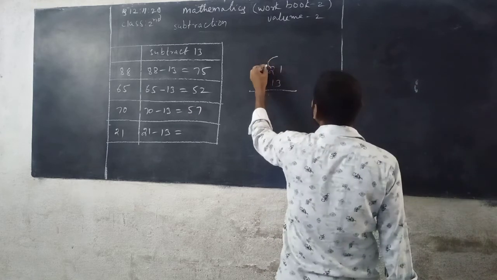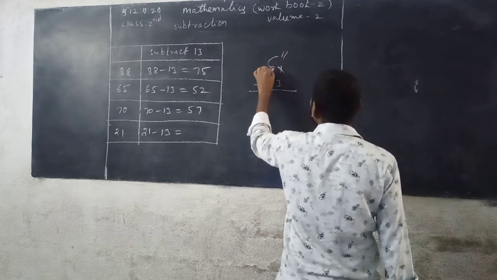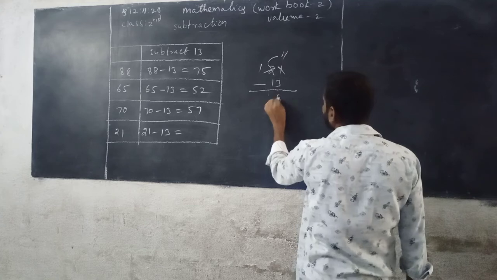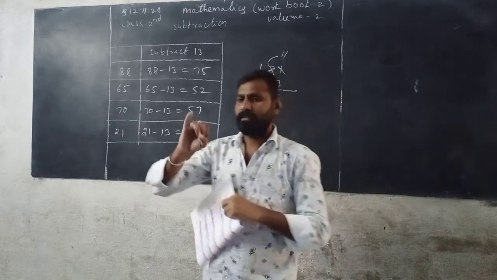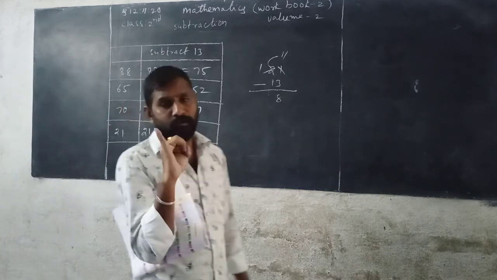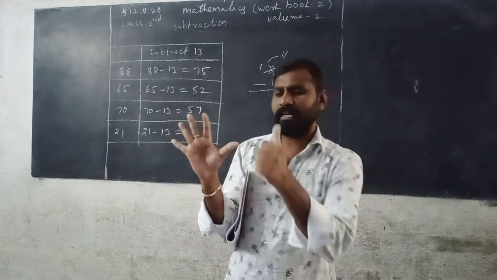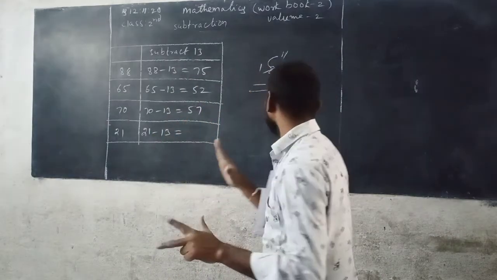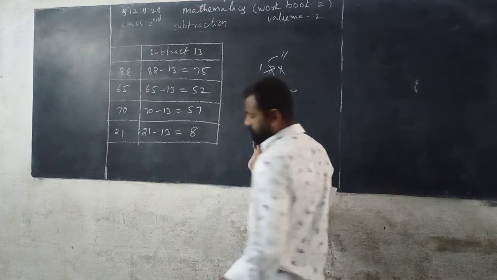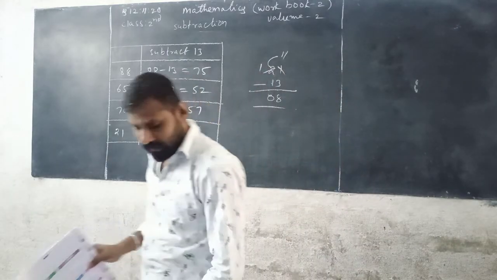Take borrowing from 2, it can give 10. 10 is added to 1, 11. 2 becomes 1. 11 minus 3, you can get 8. Count 3 after: 4, 5, 6, 7, 8, 9, 10, 11. So 8. Now 1 minus 1, 0. So you can write here 8. Write down, everybody.